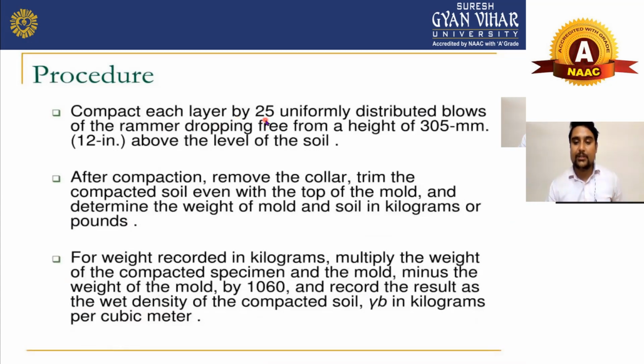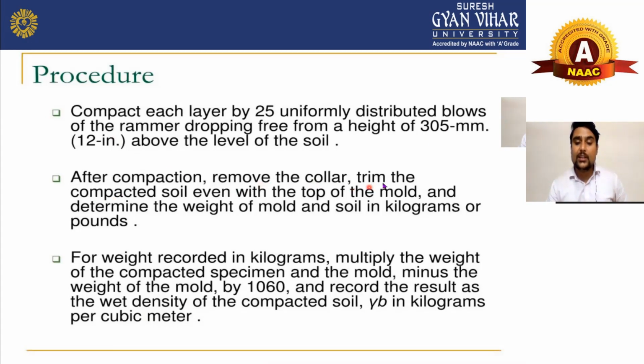Compact each layer by 25 uniformly distributed blows. You have to compact your soil sample 25 times, and the dropping height will be 305 mm, as you can see here.